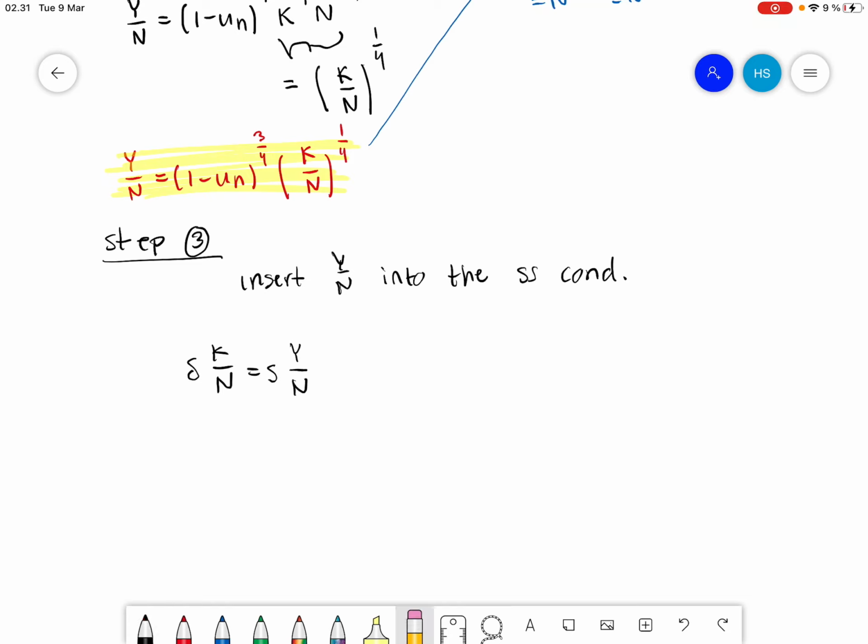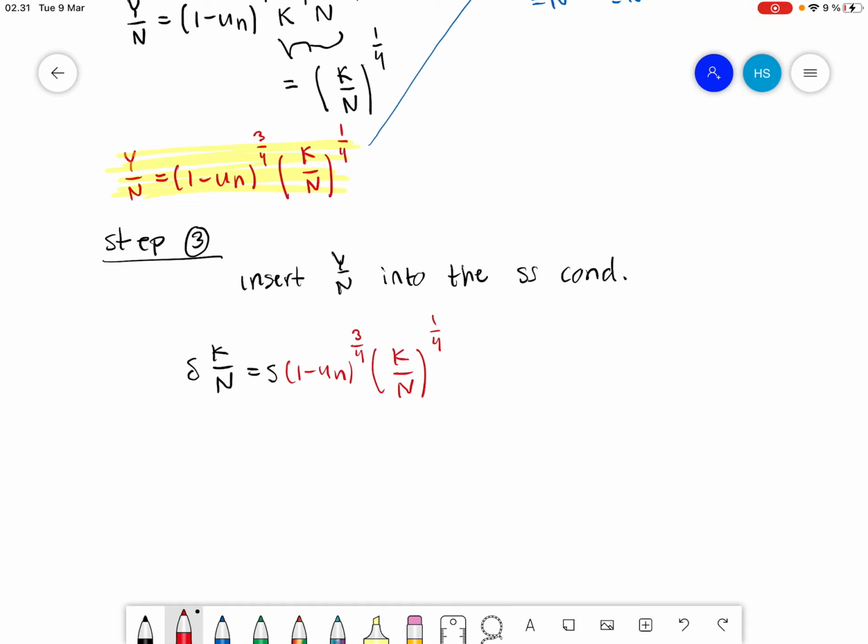Now that we have an expression for the output per worker, we remove this and plug in the exact expression, which is (1 minus the natural rate of unemployment) to the power of 3/4 times K over N to the power of 1/4.